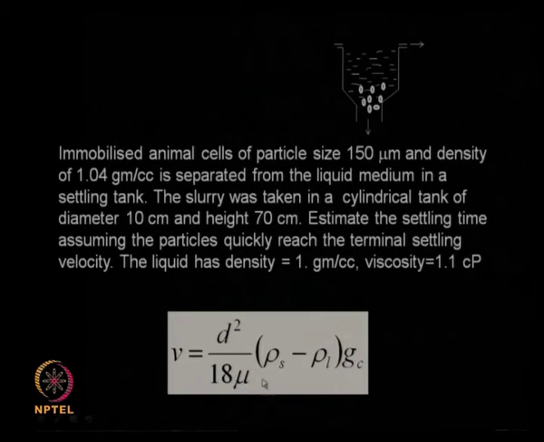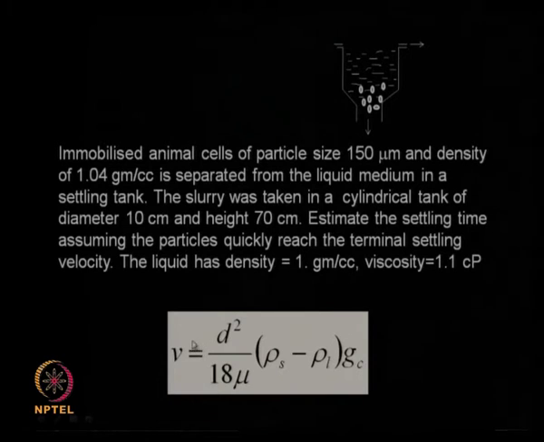This velocity depends upon the diameter of the particle, difference in the density between the solid and the liquid, and the viscosity of the fluid, which comes in the denominator. So I hope you remember this equation. So the diameter of the particle is given here, rho s, rho l are given here, viscosity is given here. So we can calculate the terminal settling velocity, right.